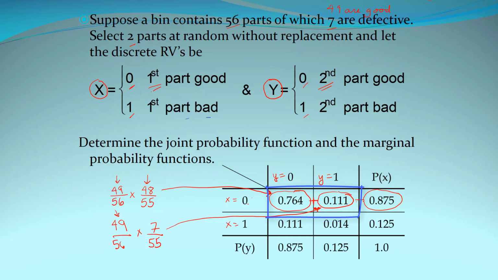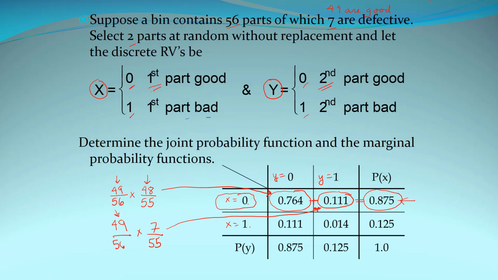And so that's what we see right here: add 0.764 to 0.111 and we get 0.875. This is the marginal probability that x is equal to 1. Why is it called marginal probability? Because it's at the margin.